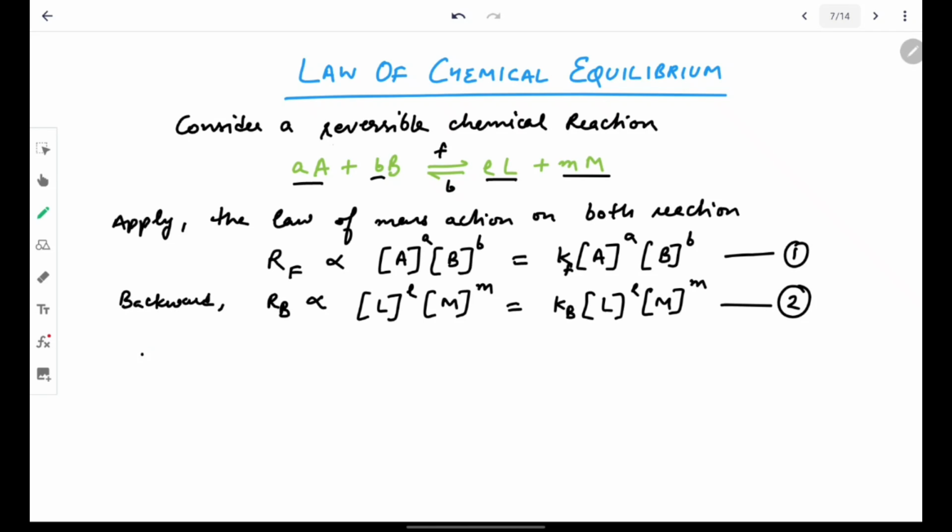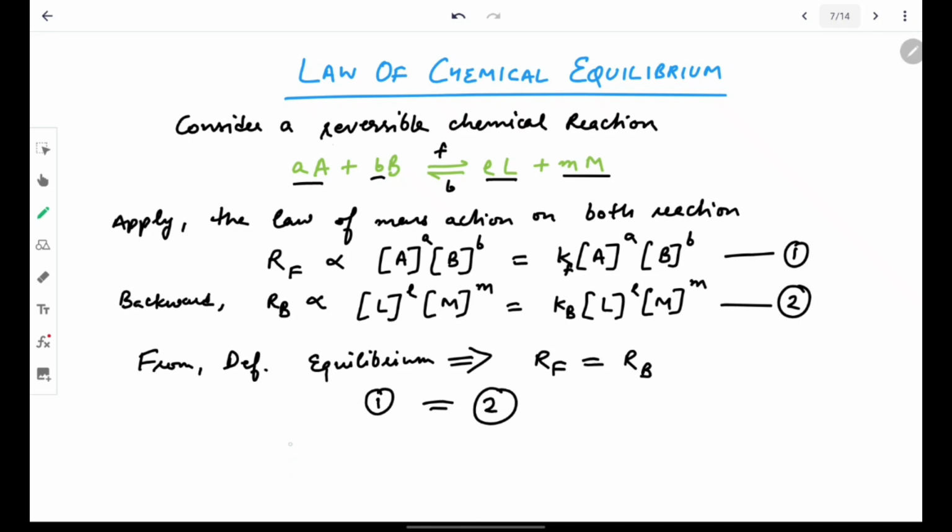Now, from the definition which is generally used, equilibrium is reached when the rate of the forward reaction is equal to the rate of the backward reaction. That means equation 1 is equal to equation 2, or in other terms, Kf [A] power a and [B] power b becomes equal to Kb [L] power l and [M] power m.